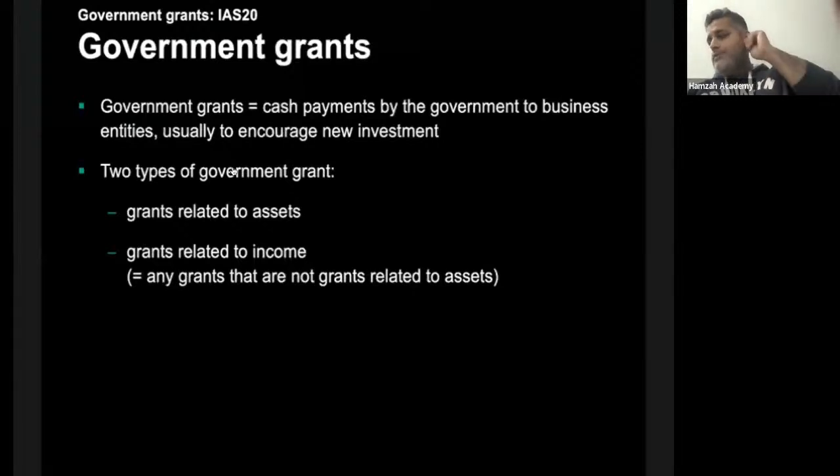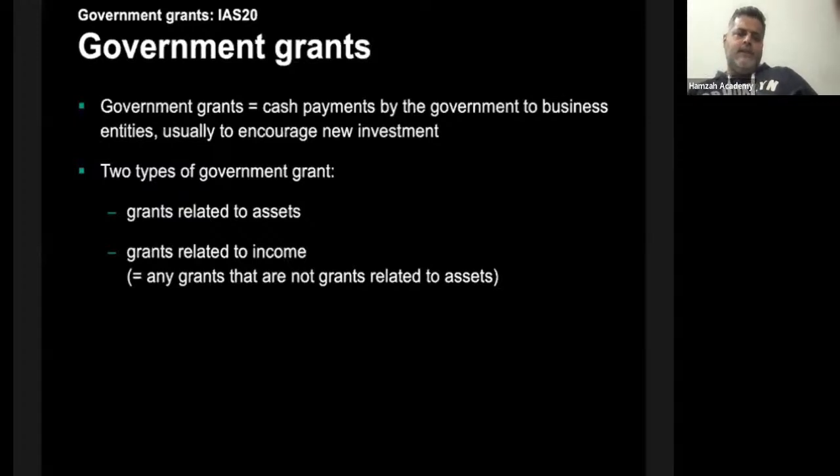We have to start with as far as the government grants are concerned, but given the time, we don't have much time to talk about and do the examples now. And after the government grants, we have the investment property as well. So let's have it for the next class. In the next class, we are going to discuss the government grants, investment property, and then we'll incorporate the small other standards with this as well, right?